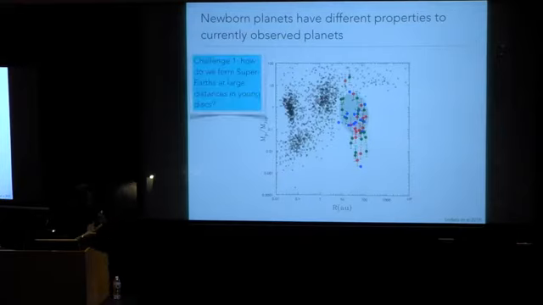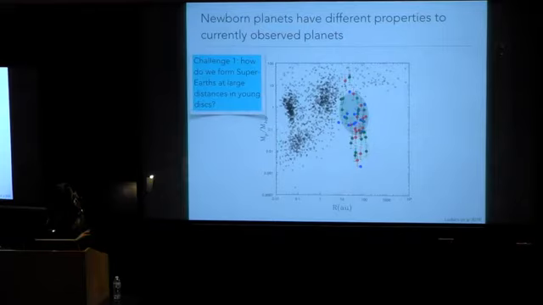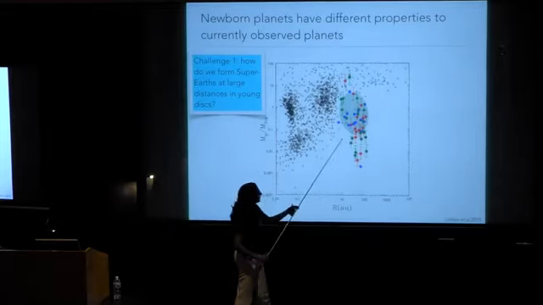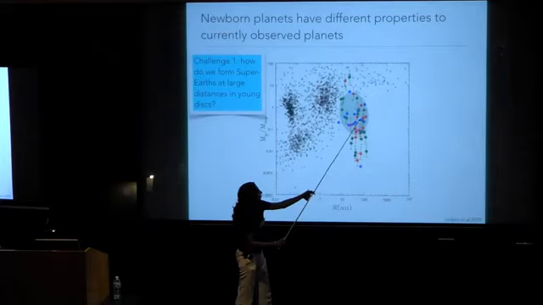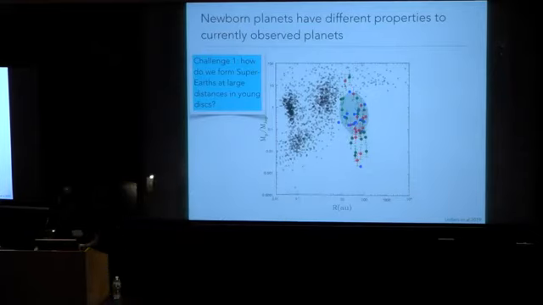So I'm going to continue presenting this talk in the way of challenges that I think we need to address when it comes to self-gravitating disks. And the first challenge here is this population of planets here. They're at tens of AU. They're quite far out. They're quite massive, super Earths and Neptunes and upwards.